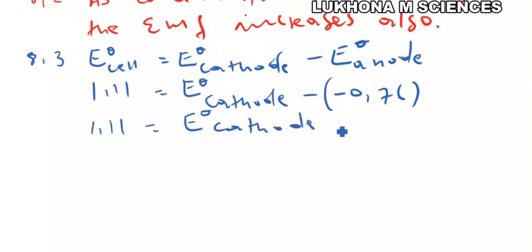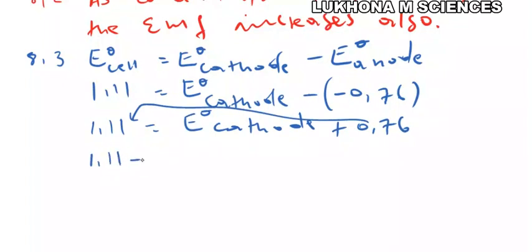Negative times negative supposed to be positive, 0.76. Then we transpose this one to this side. 1.11 minus 0.76 is equal to E naught of the cathode.